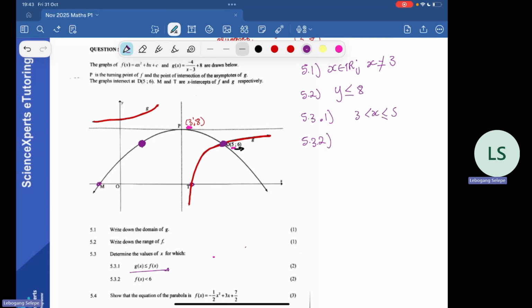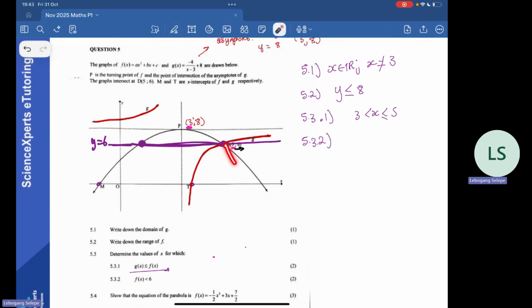So I can draw a line just to show you, right? This purple line is 6, right? So this is the line y equals 6. So they're actually asking me for which values of x is f of x below the purple line, right? So you see it's below the purple line here, and it's also below the purple line here, right?